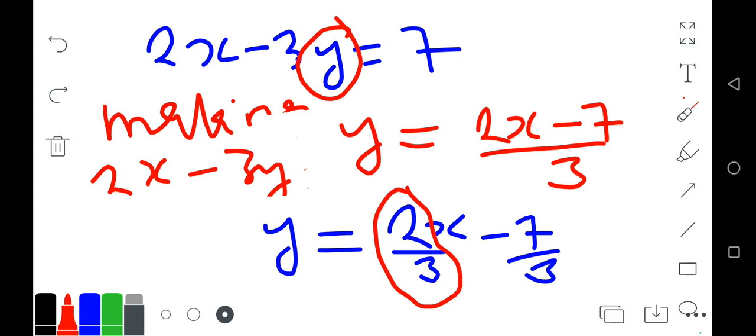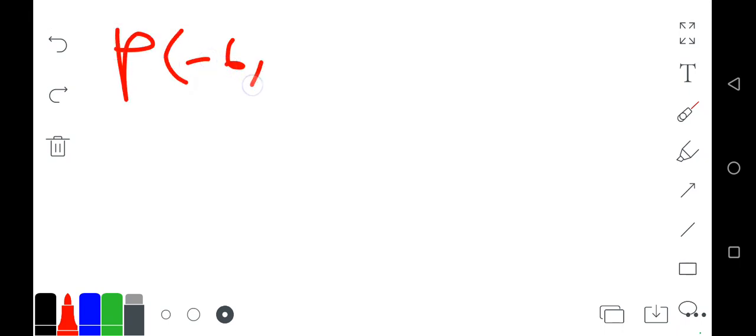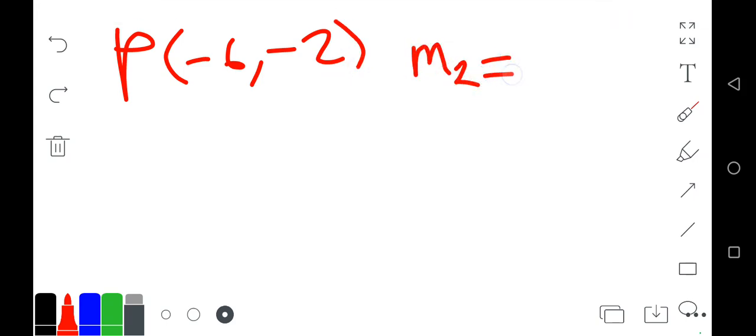Now, if the other line passes through this point, and since the lines are parallel to each other, our gradient is 2 over 3. We can now find the constant c.